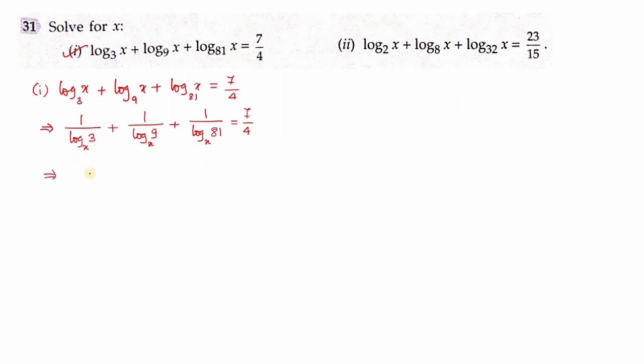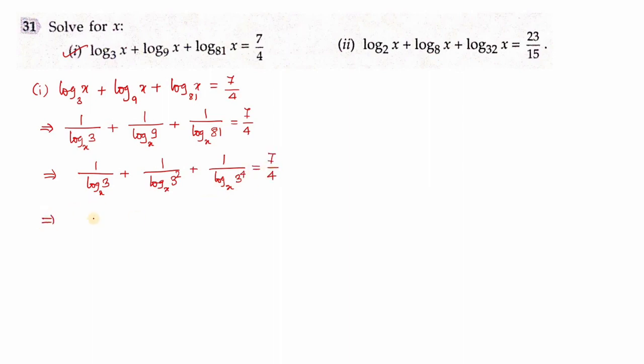Now we have 9. Can I write 9 as 3 square? Very much. So similarly this 81 can be written as 3 to the power 4, is equal to 7 by 4.